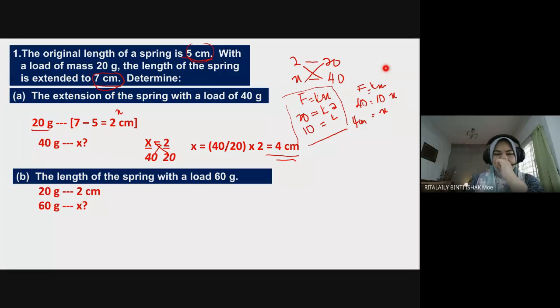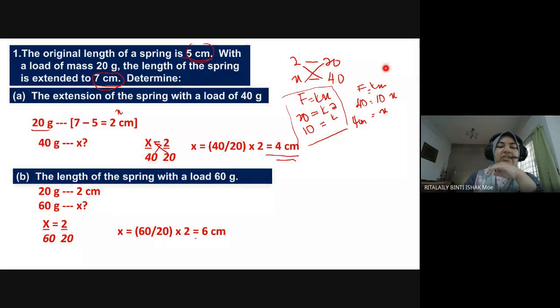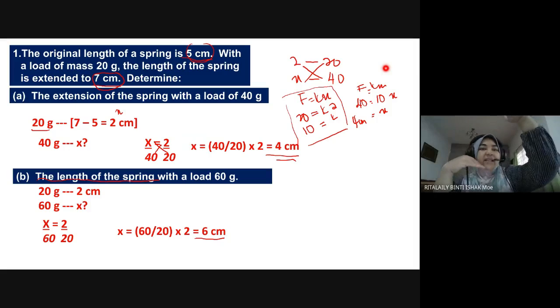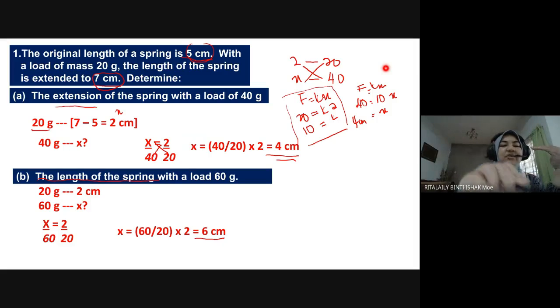Oh, sorry. So using the same method, the proportion method, 20 gram will give you 2 cm. So 60 gram will give you what? Okay, will give us 6 cm. But this is the extension. But the question wants us the length of spring. So for the length of spring, you must add the original length of spring. Yang ni extension. So there are two different questions.